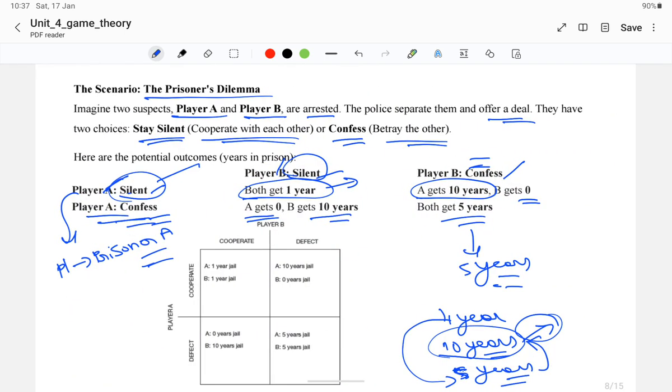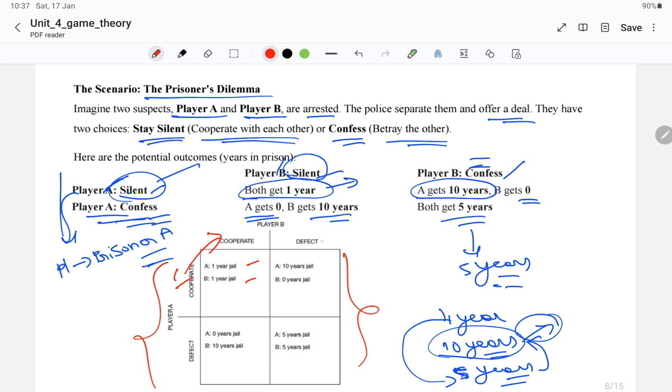Whatever I have mentioned here is written in a table, in a matrix form, with player A and player B. The same thing is given in the textbook. If both cooperate, both get 1 year.